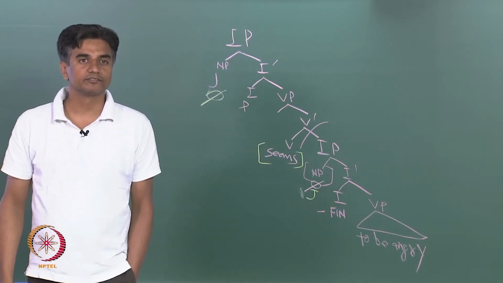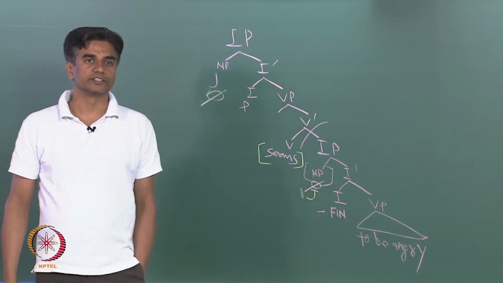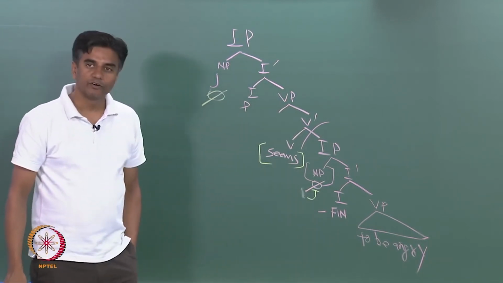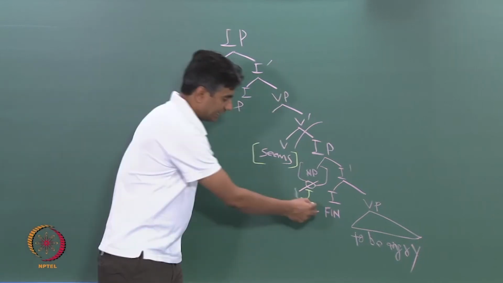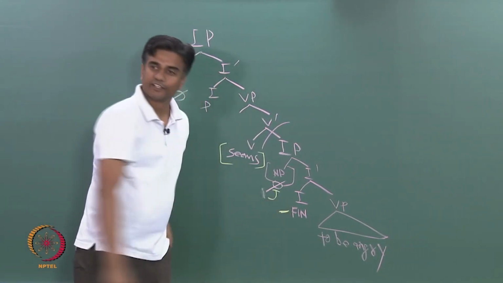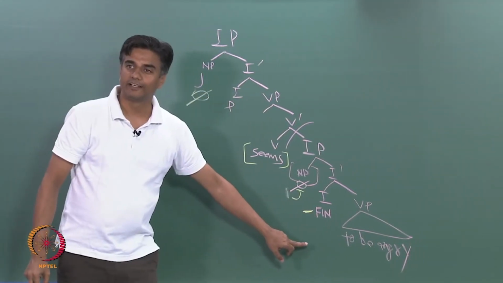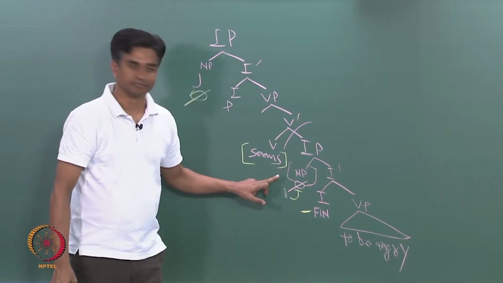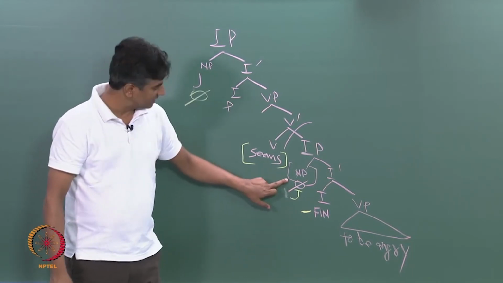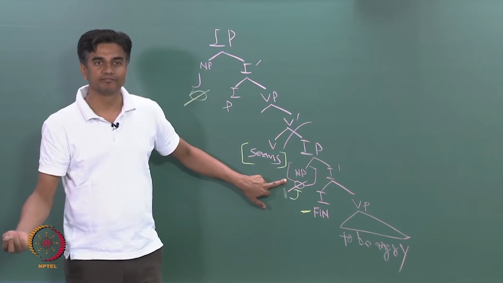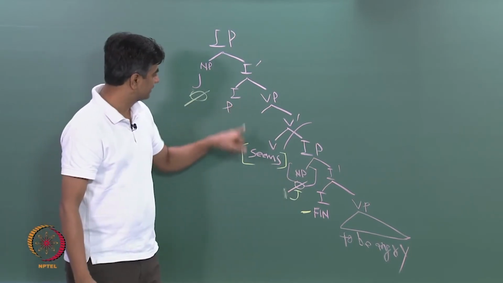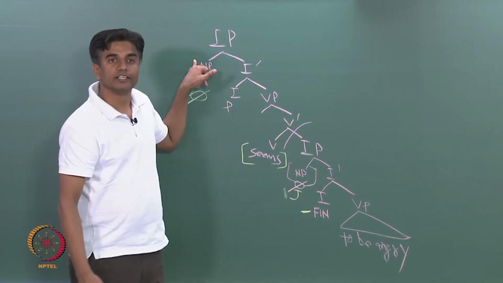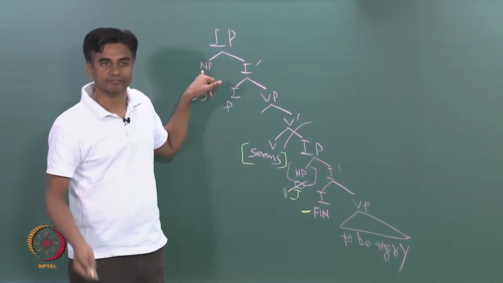Why? You should be able to answer this. Look at this. The non-finite IP cannot assign case to this. So if it stays here, it's caseless, and this verb does not have a theta capacity.